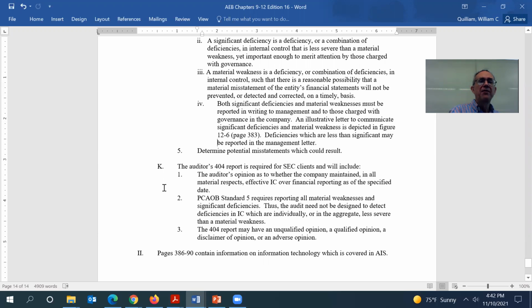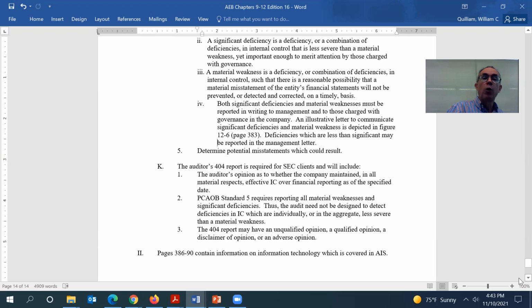But then, just recalling a little bit of information from the 404 report. We know that the auditor's 404 report is required for SEC clients. It's going to include the auditor's opinion as to whether the company maintained, in all material respects, effective internal control over financial reporting as of the specified date. So again, we get a second opinion, in addition to the opinion on financial statements, which drives up the cost of the audit. And then the Public Company Accounting Oversight Board has a few of its own standards.